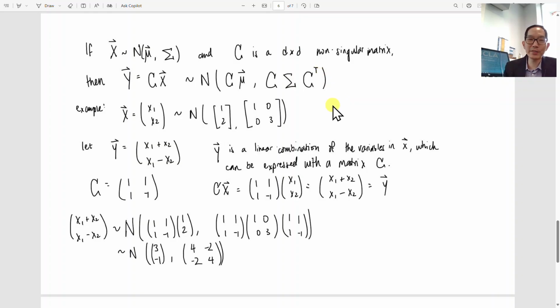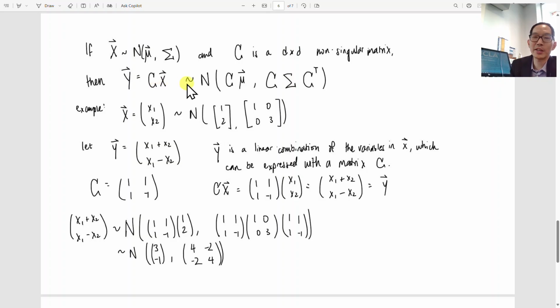If you have some matrix C multiplied by your predictor, by your values x, so x has a multivariate normal distribution, and you have some matrix C, then your y's are going to be a linear combination of your x values.